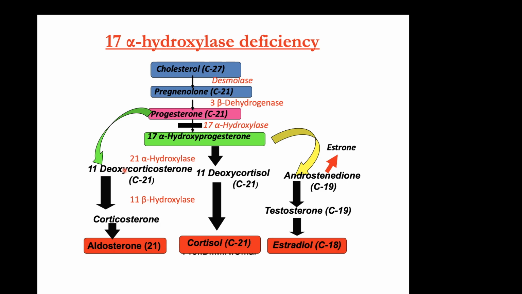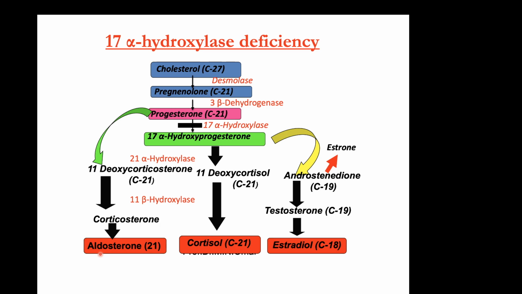This pathway, the synthesis of aldosterone, is normally functioning, and the other pathway is completely or partially blocked, depending upon the severity of the disease. So all of the cholesterol going through this pathway will make aldosterone.